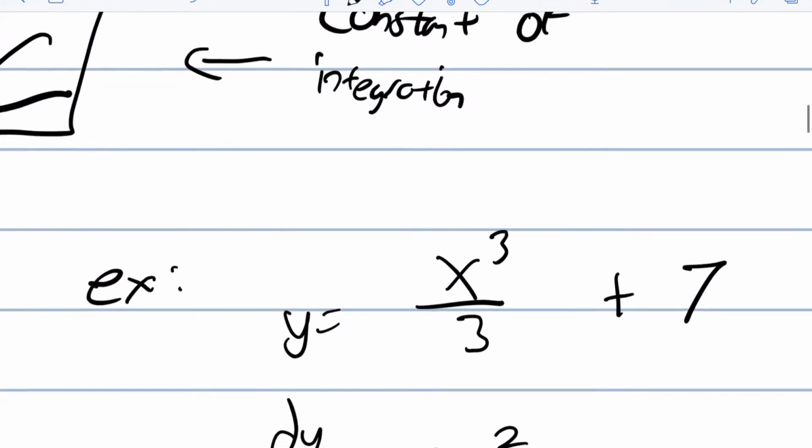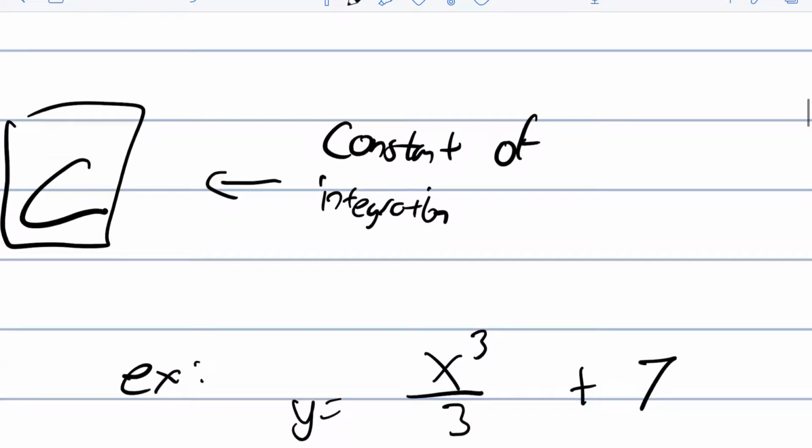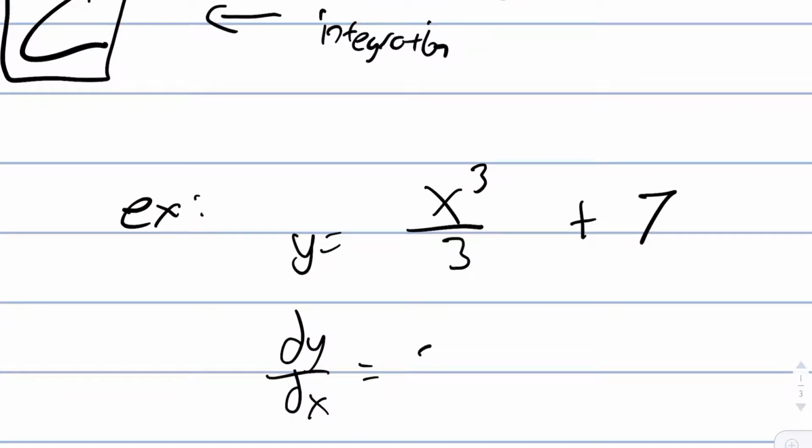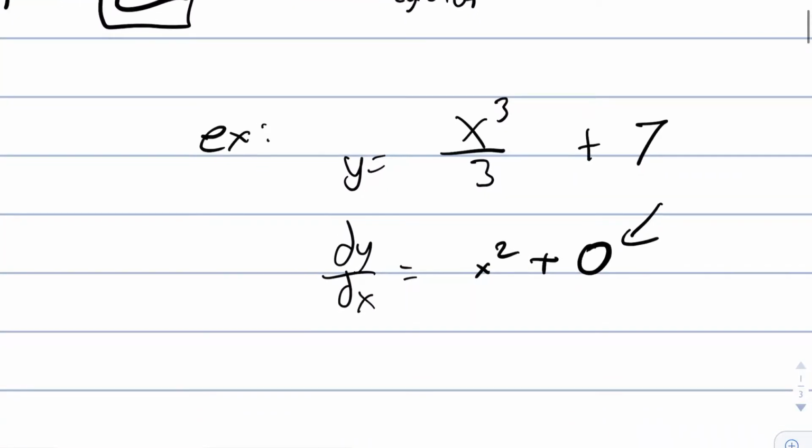Well, I got an example right here because I thought you would ask that. Let's say we got this function, x to the third over 3 plus 7. Let's do the derivative of this, not integrating. That's going to be 3x squared over 3. Take away the 3, you're left with x squared. And now we do the derivative of 7, which is 0. So you see how when we take a derivative of something, you lose some fidelity. This 7 basically turned into a 0.